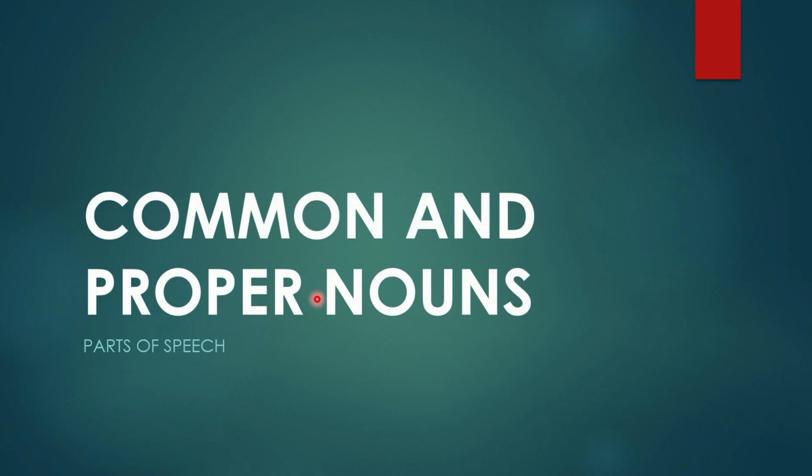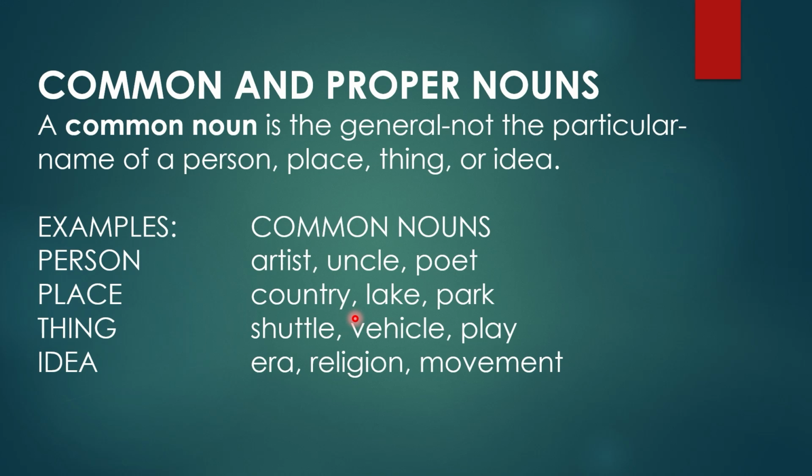Proceeding to the common and proper nouns, the parts of speech. A common noun is the general, not the particular name of a person, place, thing, or idea. Examples of common nouns: for a person, there is an artist, uncle, and poet. It's just an uncle, or a description.